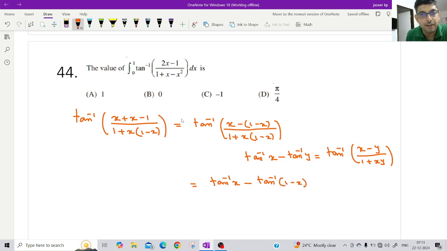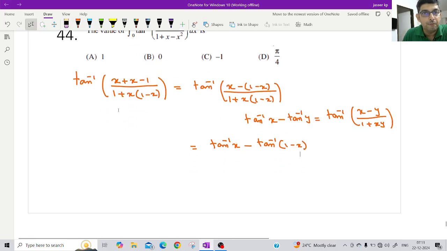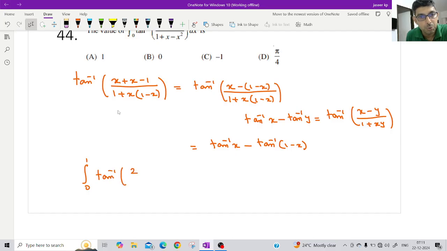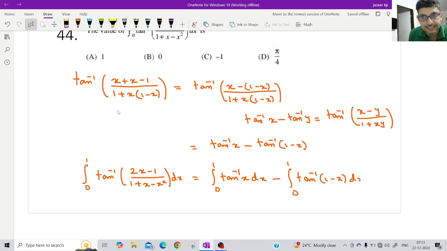Now we have to integrate that from 0 to 1 tan inverse of (2x − 1) by (1 + x − x²) dx. So that only we have simplified into integral 0 to 1 tan inverse of x dx minus integral 0 to 1 tan inverse of (1 − x) dx.